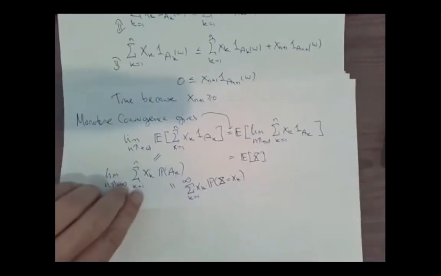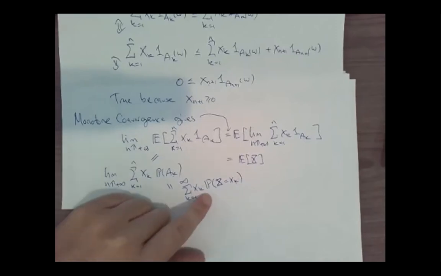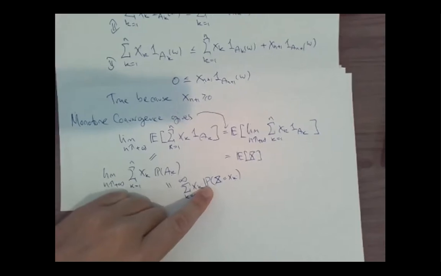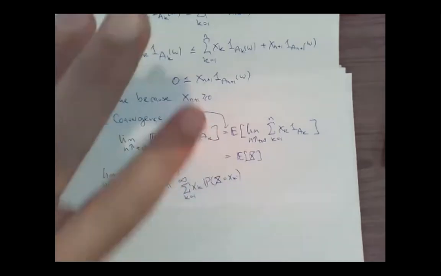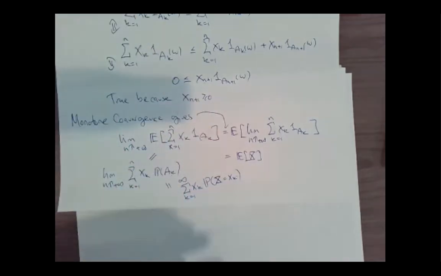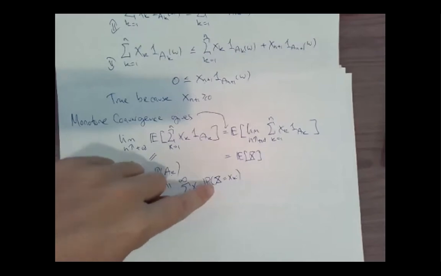It's also a generalization of the property we had with the probability measure, namely that the probability of a disjoint union would be the sum of the individual probabilities.